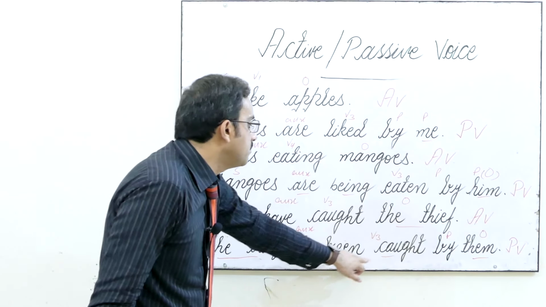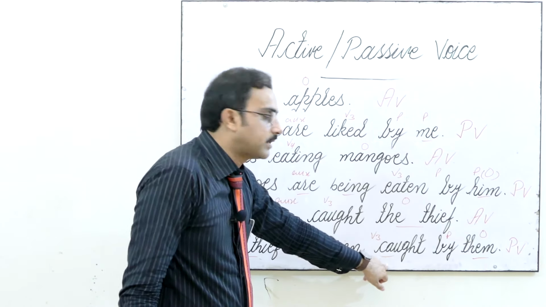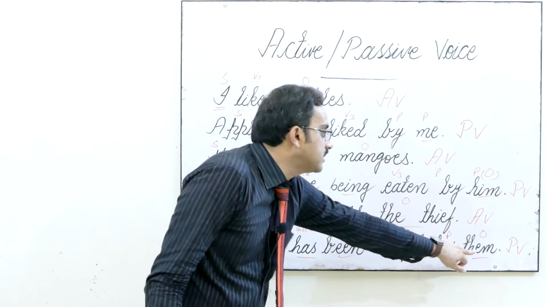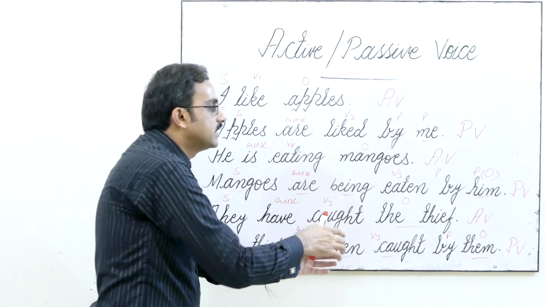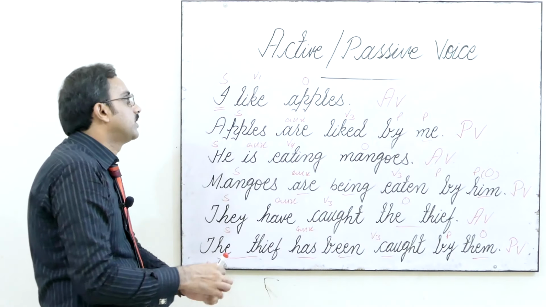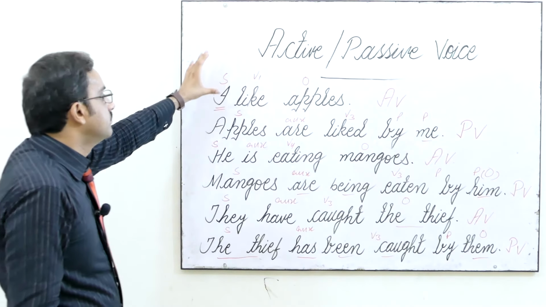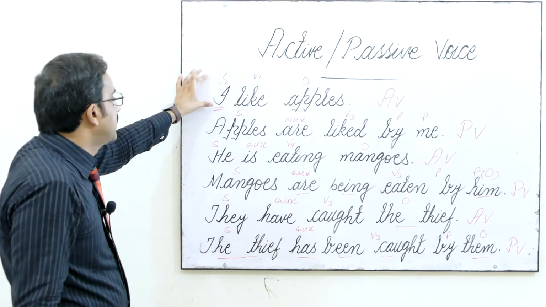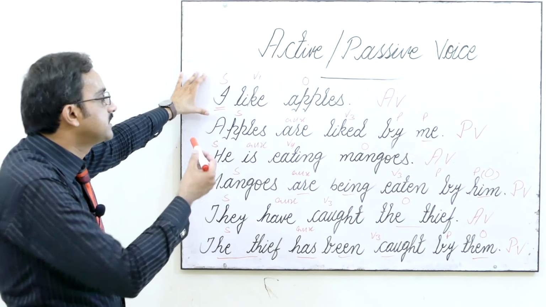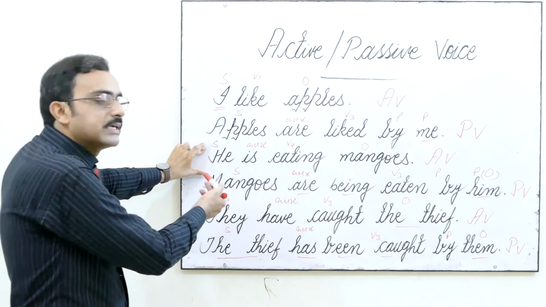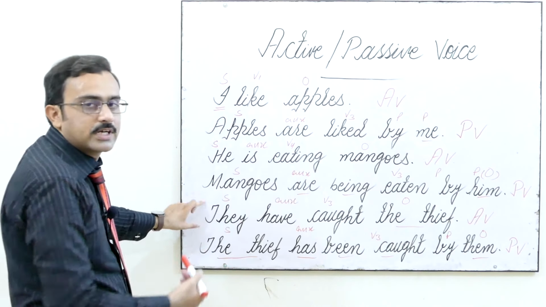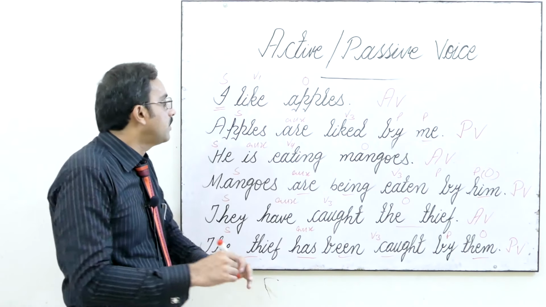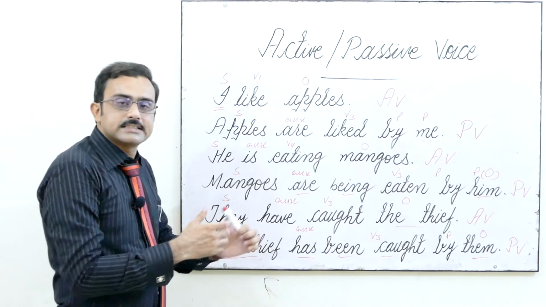Then we used been before V3, the past participle. Then we use the preposition and then the object. So this active voice has been changed into passive voice. We discussed the sentence of present simple, present continuous, and present perfect. Got that? Now we are moving towards the next category.